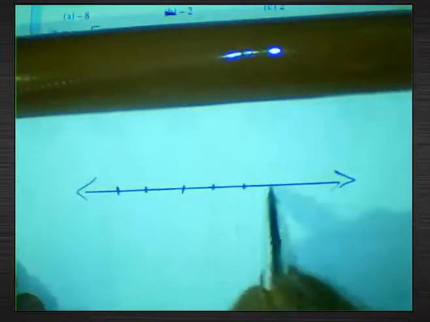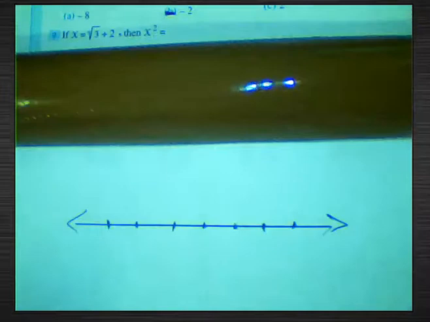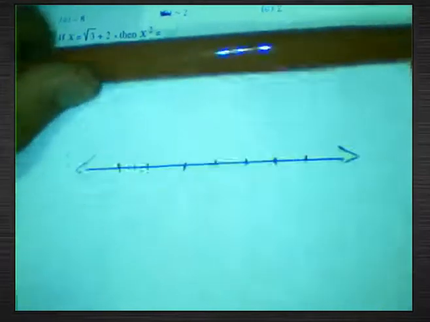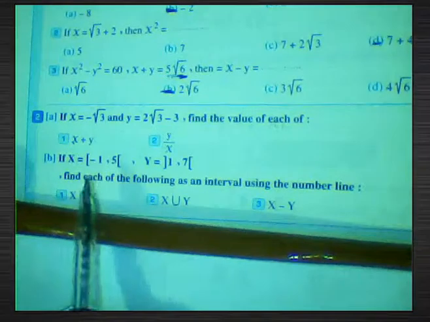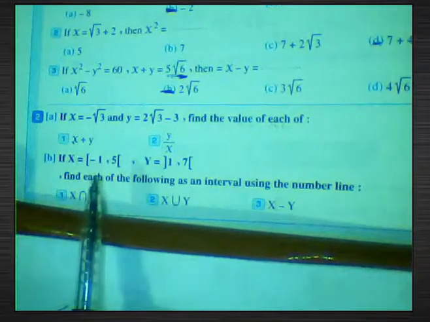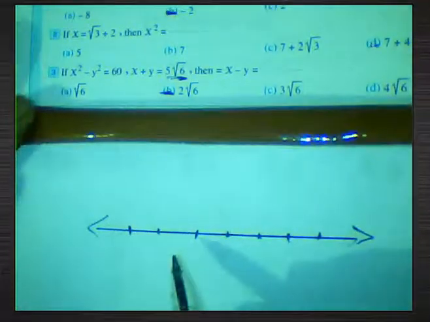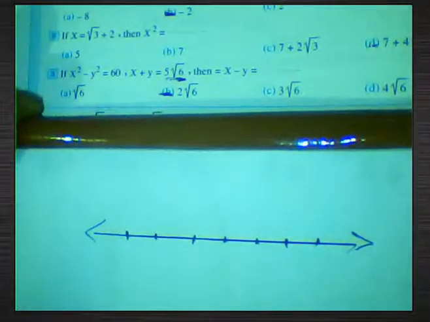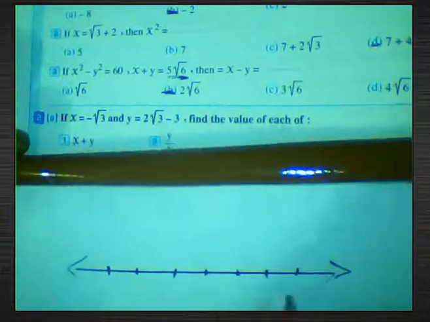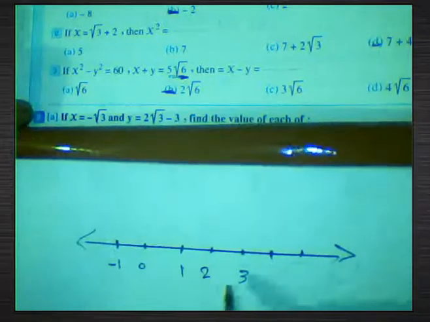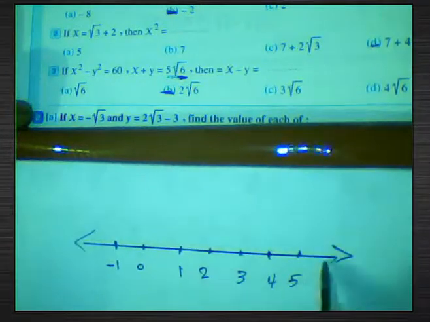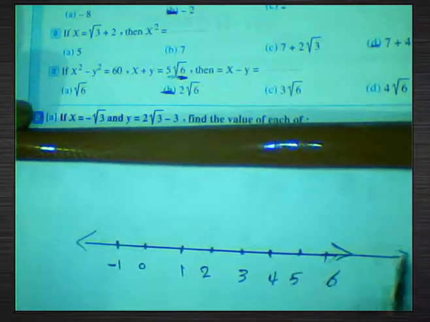Okay, and then write all numbers on the number line. We have negative 1 and 7. It's the least number, it's the most. We have 7 here.